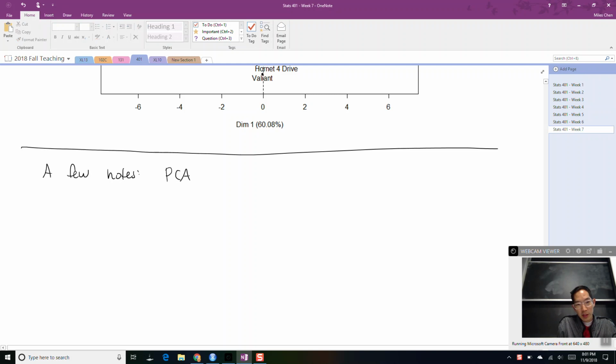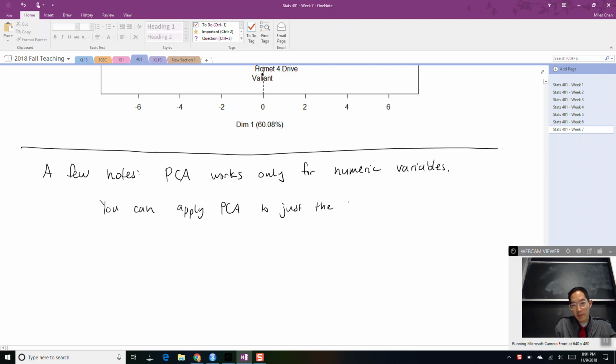Okay. So PCA works only for numeric variables. So you can apply PCA to just the numeric variables and tie them back to the categorical variables.